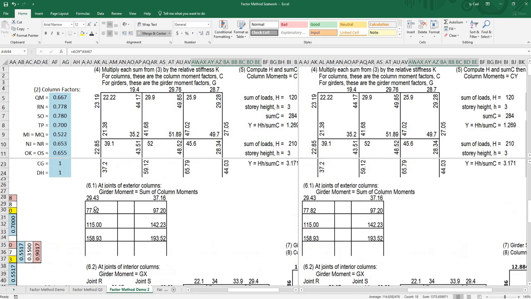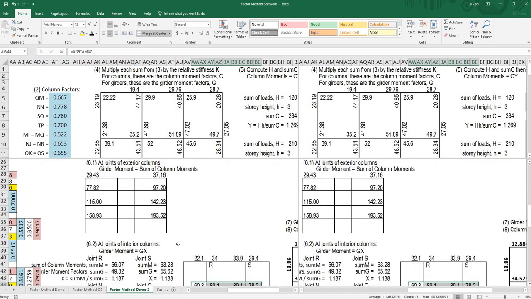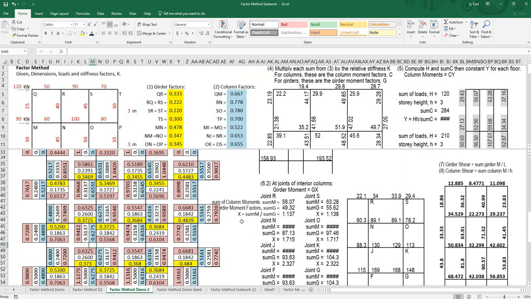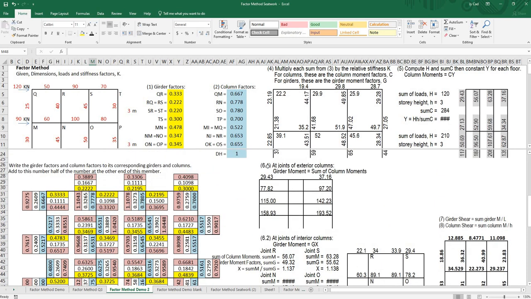Ano? Sa 6.1, na-solve natin yung girder moments dito sa exterior columns. Ngayon, pag sasamahin na natin sila. Let us skip that part. Maintain lang natin sila na hiwalay. Importante, alam na natin yung girder moments dito sa interior columns, tsaka girder moments dito sa exterior columns.